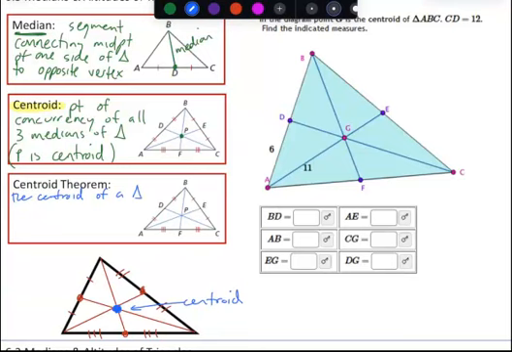The centroid of a triangle is two-thirds of the distance from the vertex to the midpoint, which means it cuts each median into a ratio of 2:1.